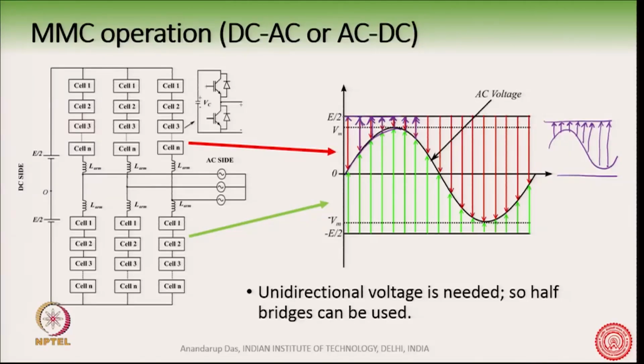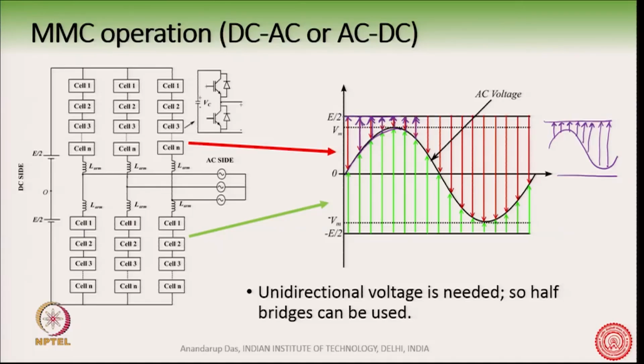This is very advantageous, and therefore, for long distance DC transmission, at the sending end you will convert the AC to DC, and at the receiving end you will convert the DC back to AC, and both at the sending end and the receiving end we can have the same MMC.